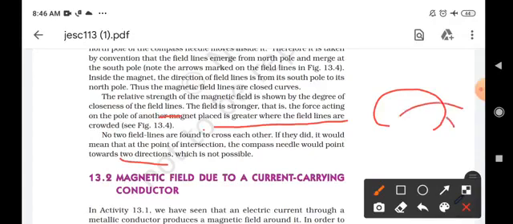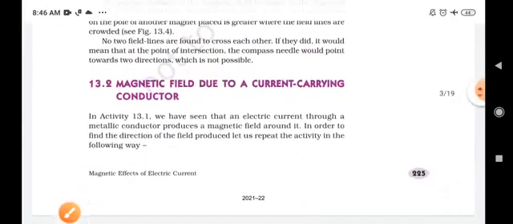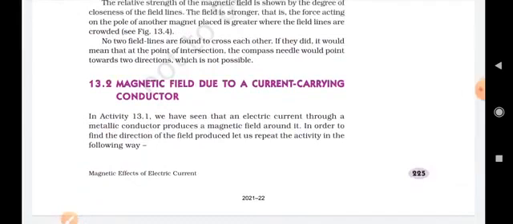So the magnetic needle would have to show two directions, and this is not possible at all. It is because of that only that we always say the magnetic field lines never intersect each other. So, students, these are some of the properties of the magnetic lines of force or magnetic field.